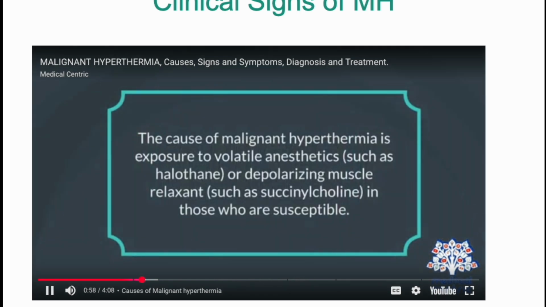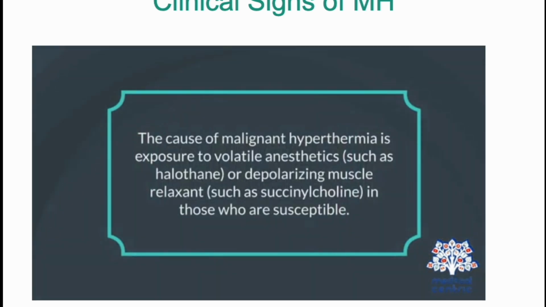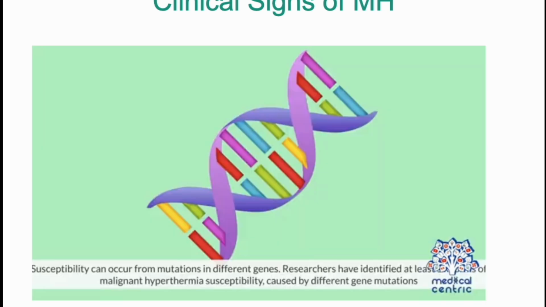Malignant hyperthermia is exposure to volatile anesthetics, such as halothane, and depolarizing muscle relaxants, such as succinylcholine, in those who are susceptible. Susceptibility can occur from mutations in different genes. Researchers have identified at least 6 forms of malignant hyperthermia susceptibility, caused by different gene mutations.